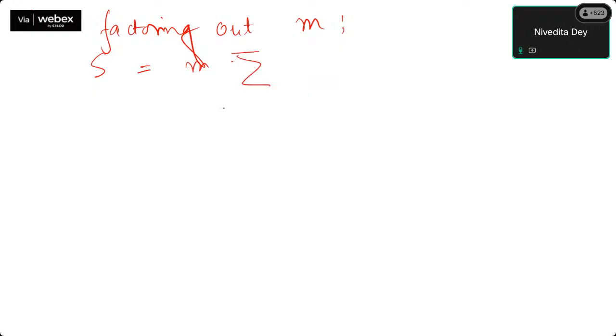Now factoring out this m, we'll get s equals m into sigma k equals 1 to m, m minus 1 choose k minus 1.